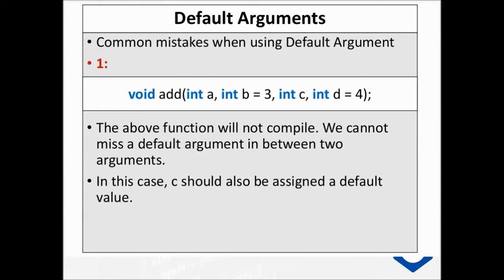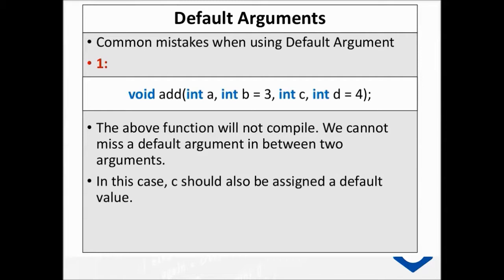So here are some common mistakes when we're using default arguments. The first one is when we write a function as void add(int a, int b = 3, int c, int d = 3). What is wrong with this function definition is that the above function will not compile. We cannot skip a default argument in between two default arguments.